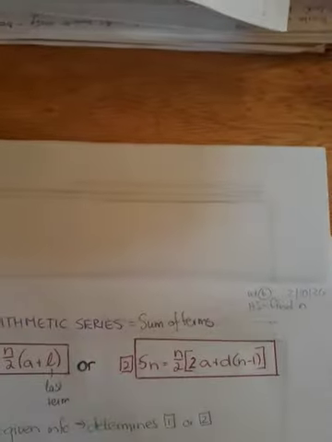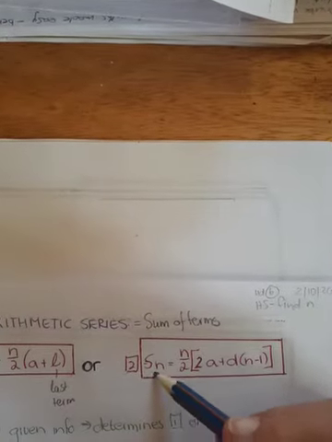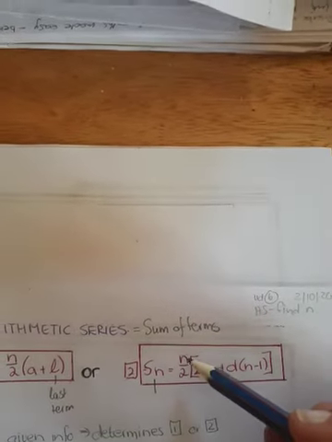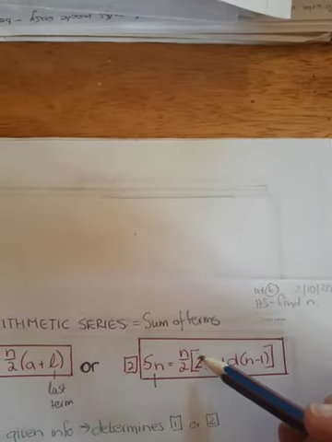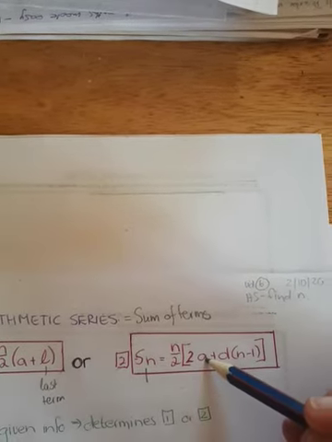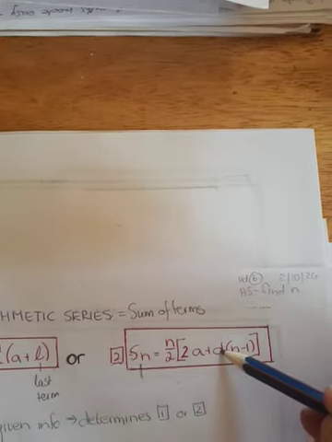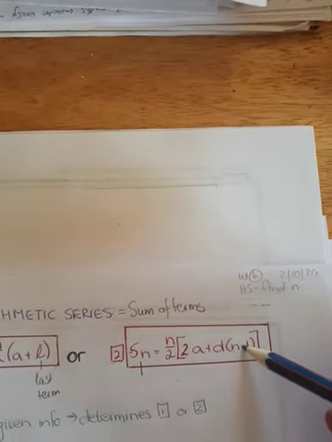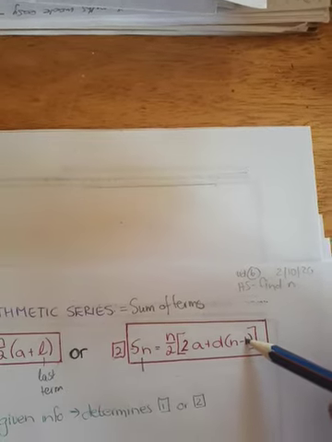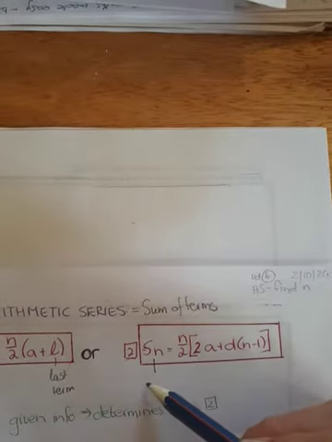We've got a second possible formula, which reads the sum equals the position divided by 2, open bracket, twice the first term plus the common difference multiplied by the position minus 1. So I'll go through that slowly.